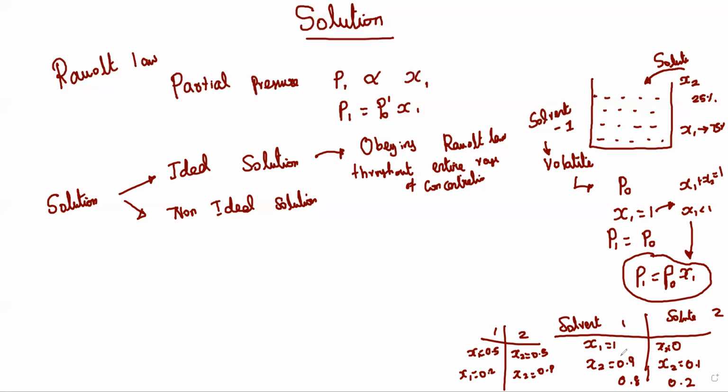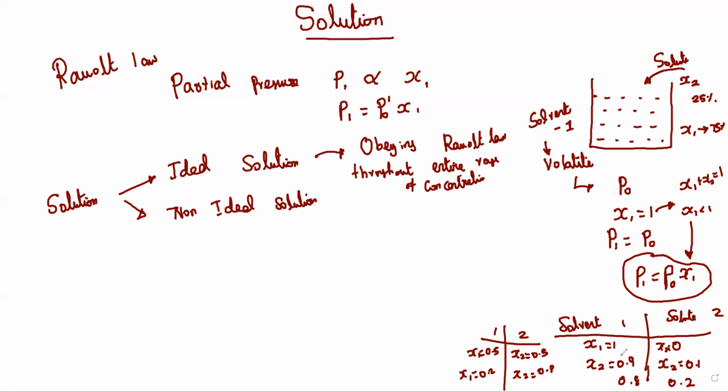So when we calculate the vapor pressure from Raoult's law, it should match the original vapor pressure of the component. Is that clear?